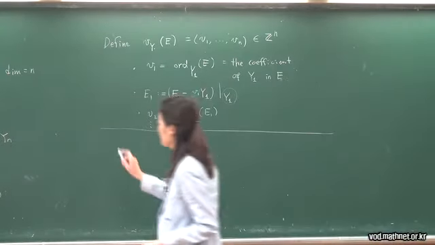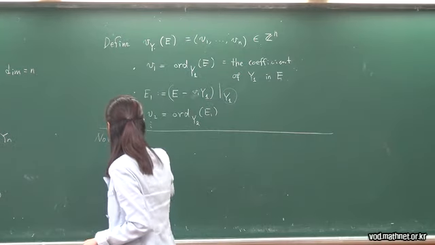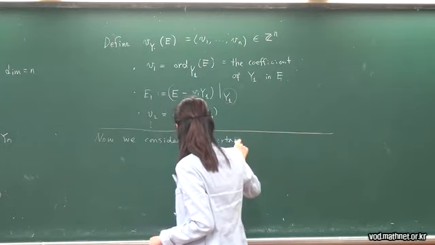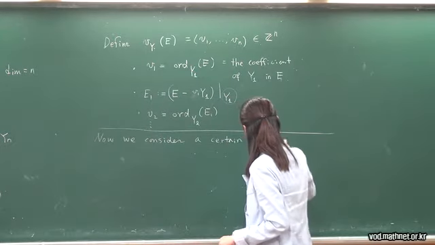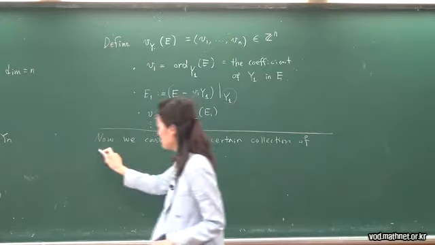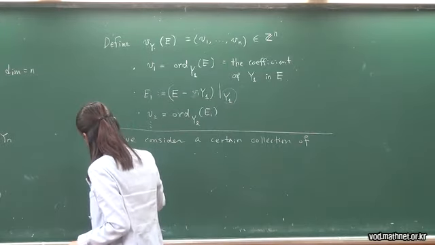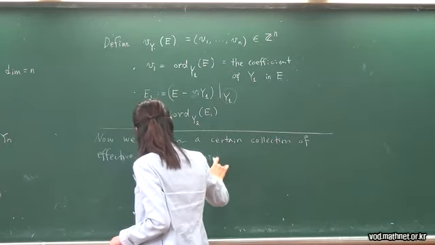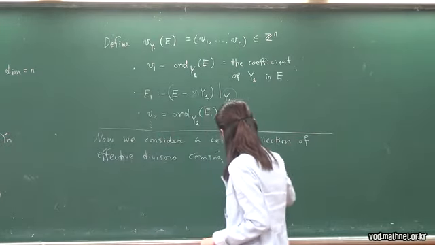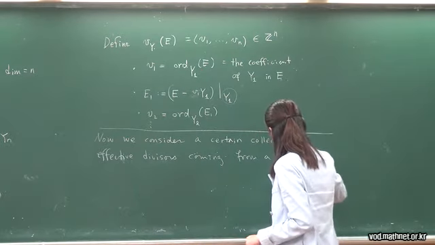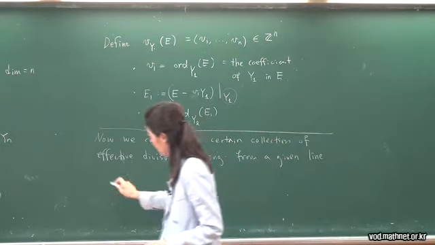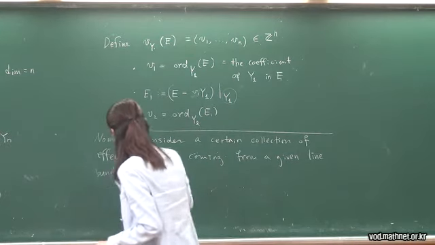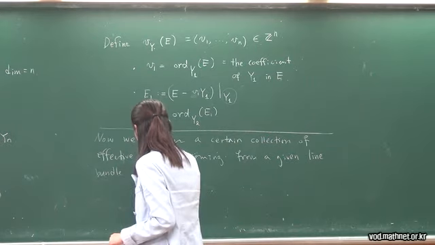So now we consider a certain collection of effective divisors coming from a given line bundle L on X.